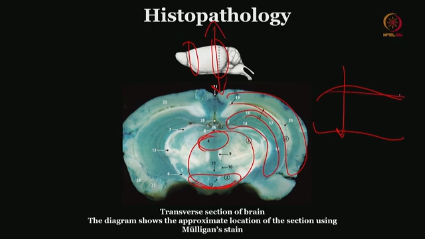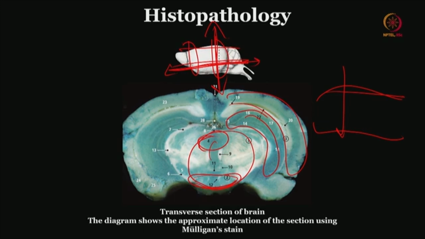This particular section is called sagittal section when it is parallel to the midline. Perpendicular to midline is coronal section. Parallel to the floor is the axial section, or perpendicular to the coronal plane is axial section. This particular section is again coronal section, where you see this hypothalamus and thalamus and various other structures.